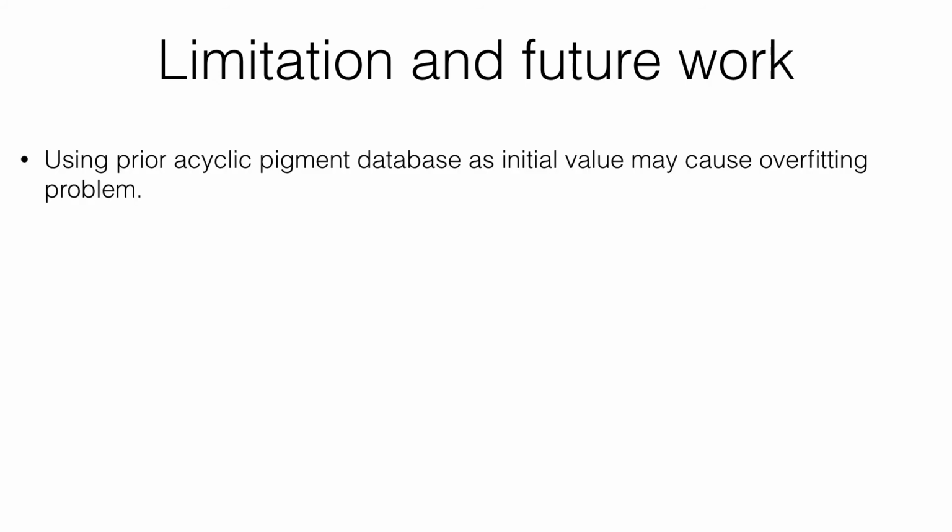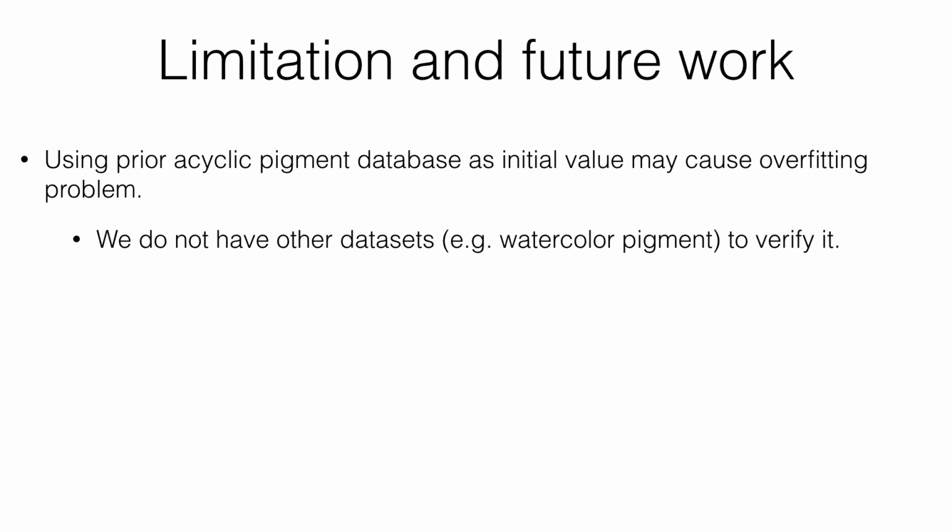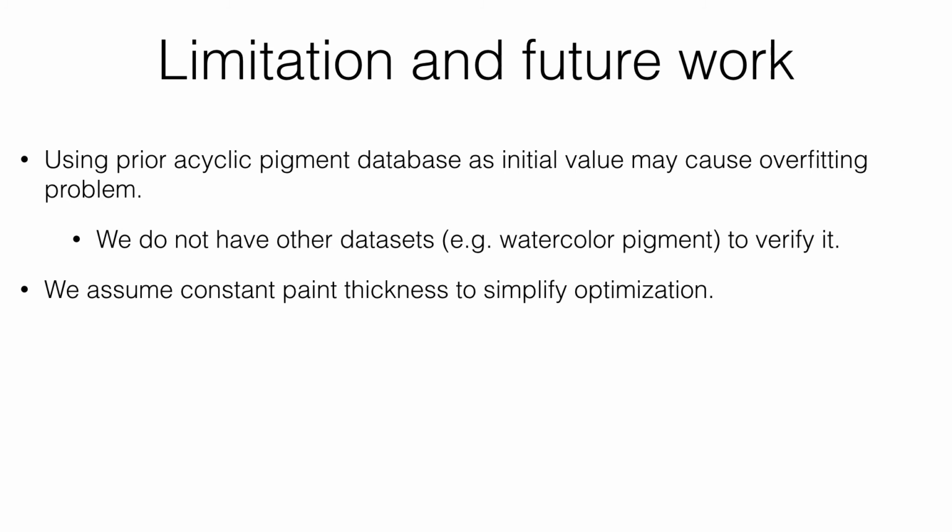There are some limitations in our project, and we have some future work to extend. First, using prior acrylic pigment database as the initial value may cause overfitting problem. However, we don't have other datasets to verify it, like some watercolor pigment. We assume constant paint thickness to simplify optimization.